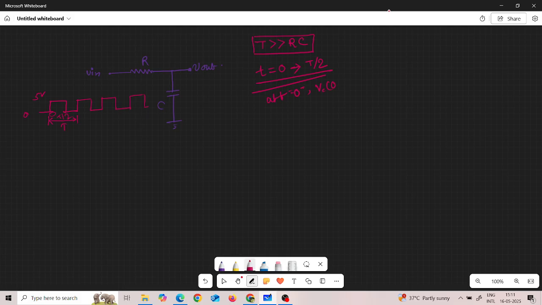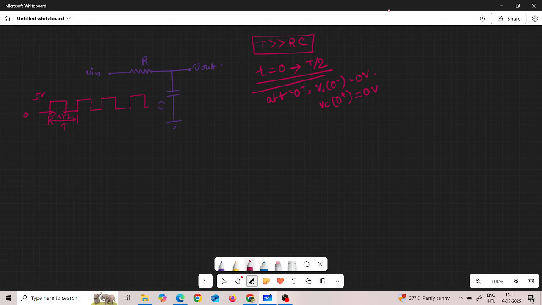Let us consider that initially the capacitor does not have any charge. At t equal to 0 plus, the voltage of the capacitor is also 0 volt, because the capacitor can hold its value if an impulse of current does not flow through it.